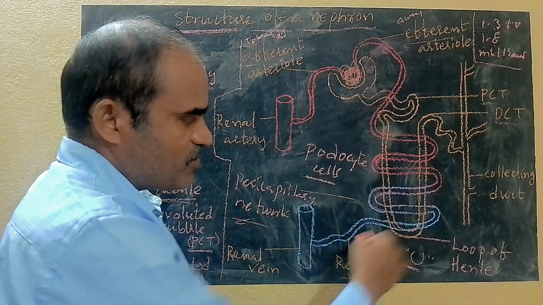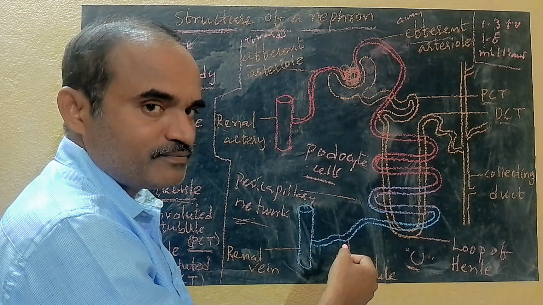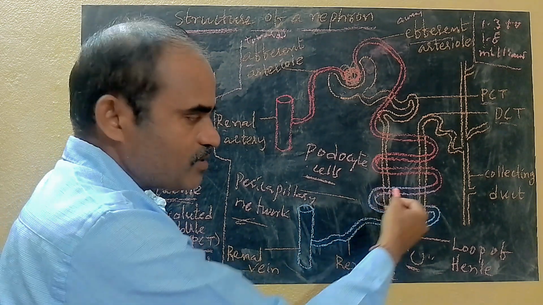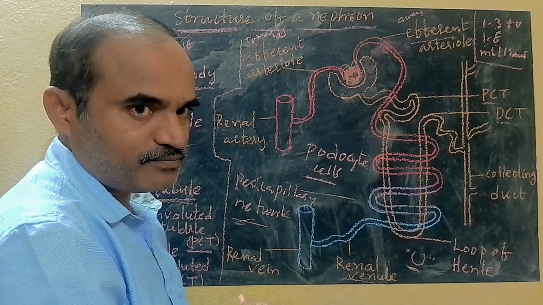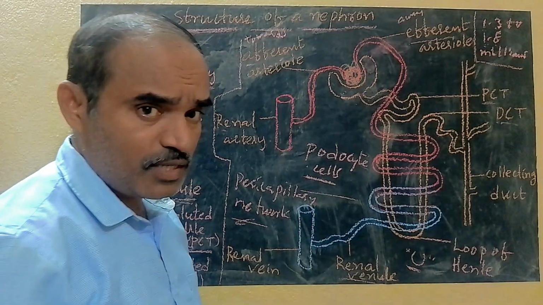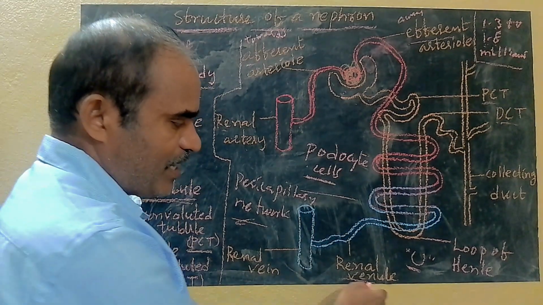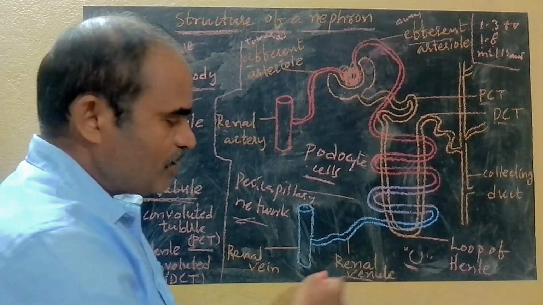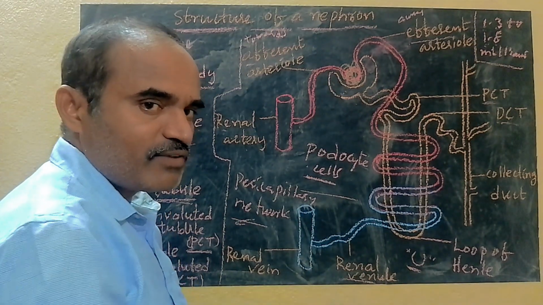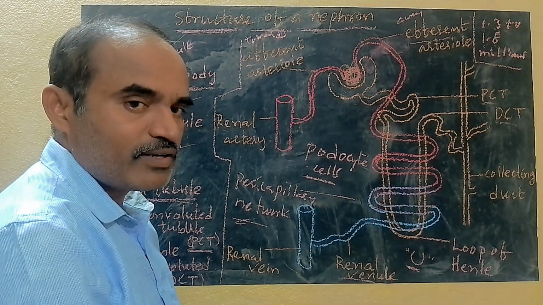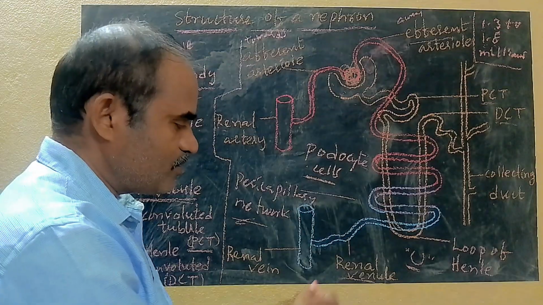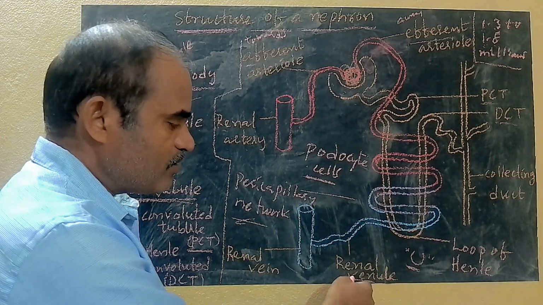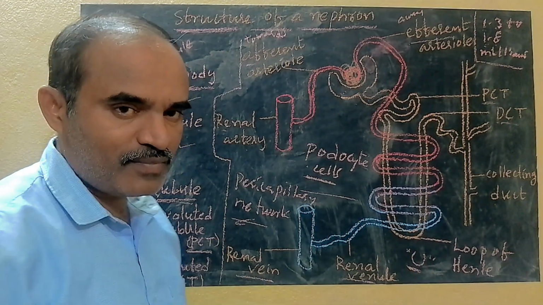Next, after filtration of the blood in the nephron, the useful substances are carried by another blood vessel, the renal venule. One renal venule is connected with another renal venule, and finally they join to form the renal vein.